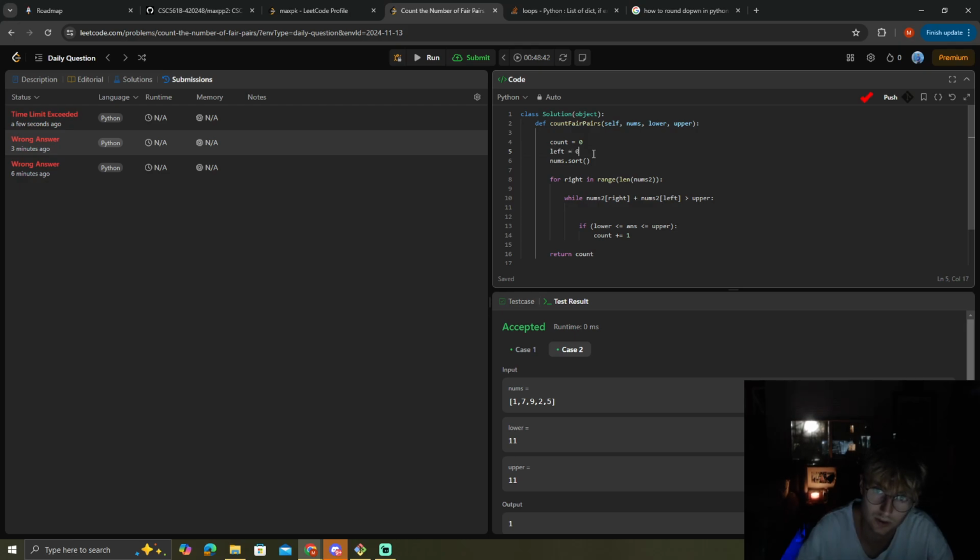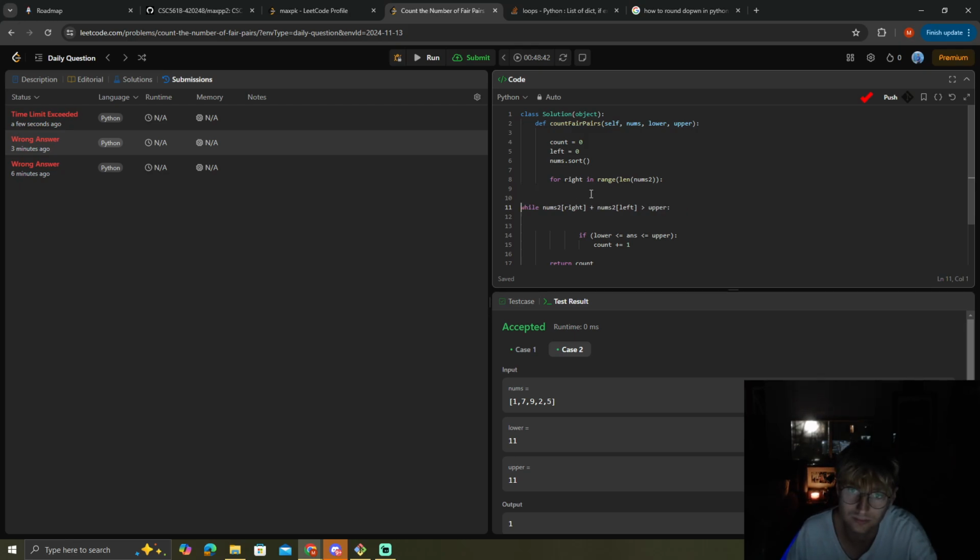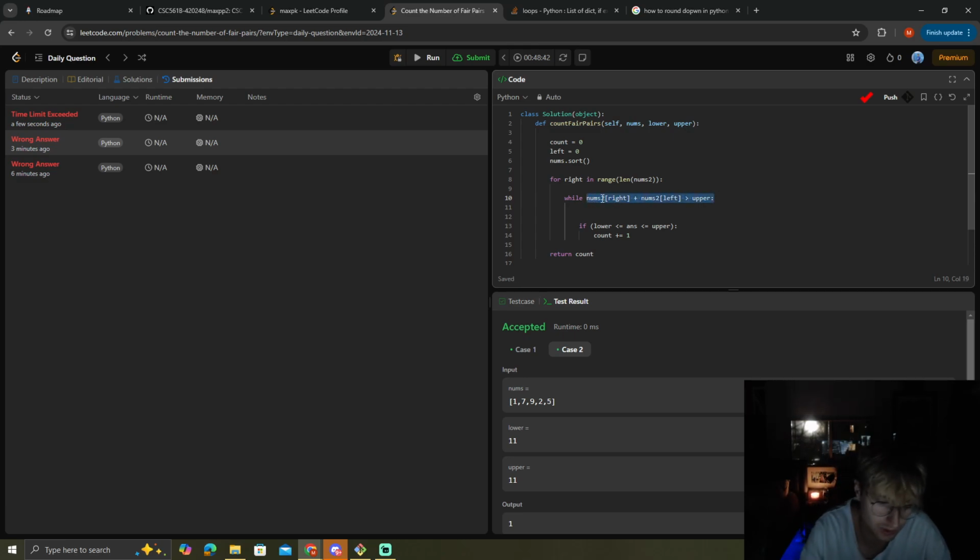Our left is equal to 0. Apparently you have to do while left is less than right, and nums right plus nums left less than lower. Okay, we were close.